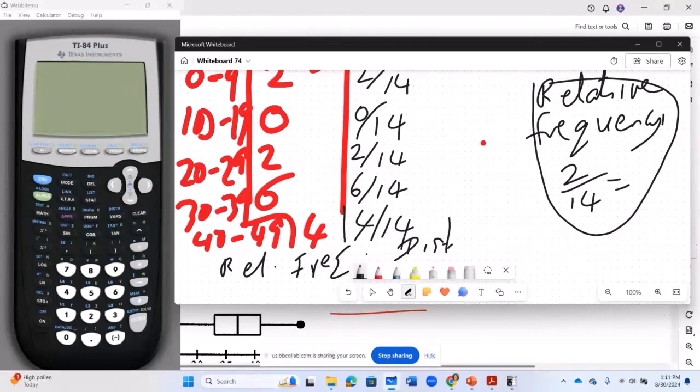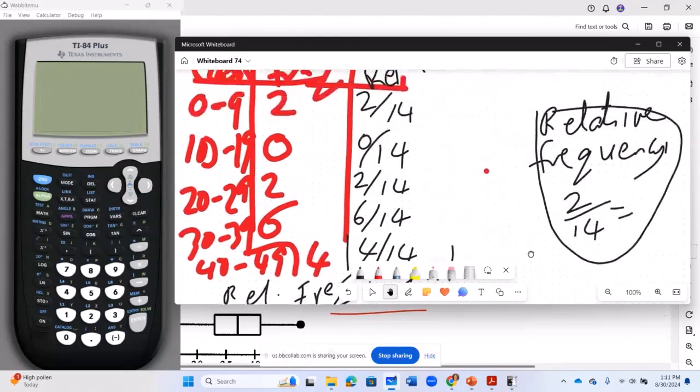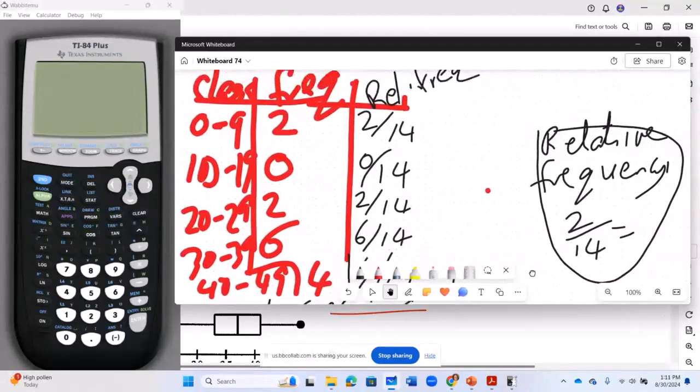Also, let's put another column in that frequency distribution table. So let's go ahead and put another column in there. All right, so I'm going to bring this down a little bit.